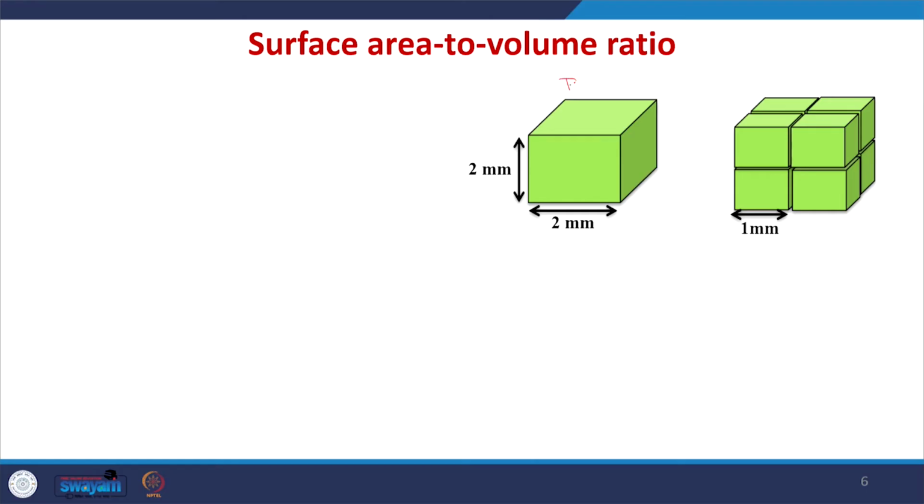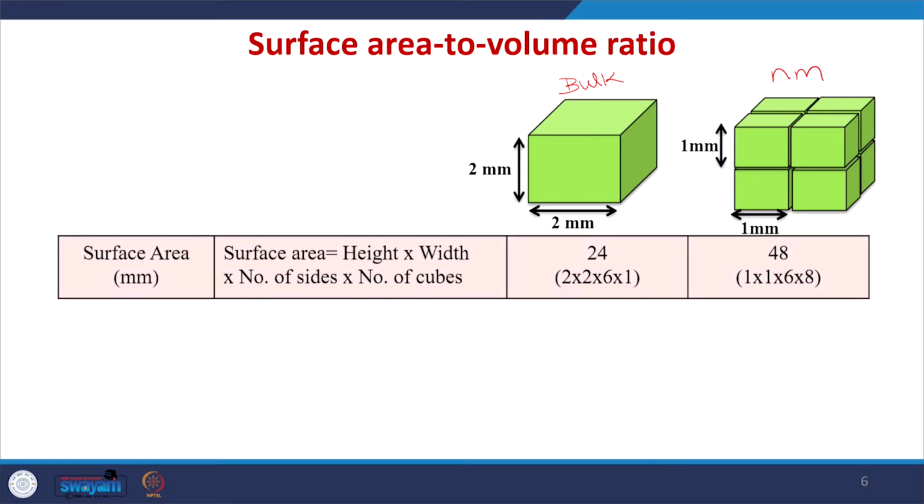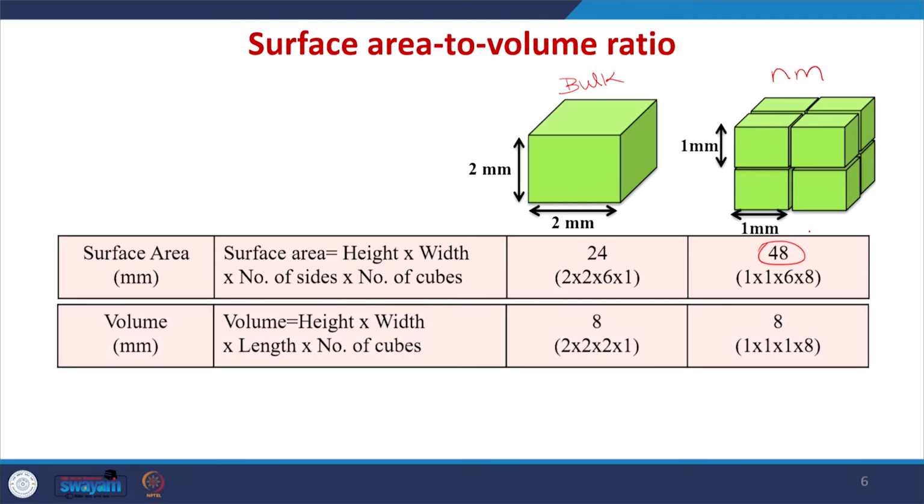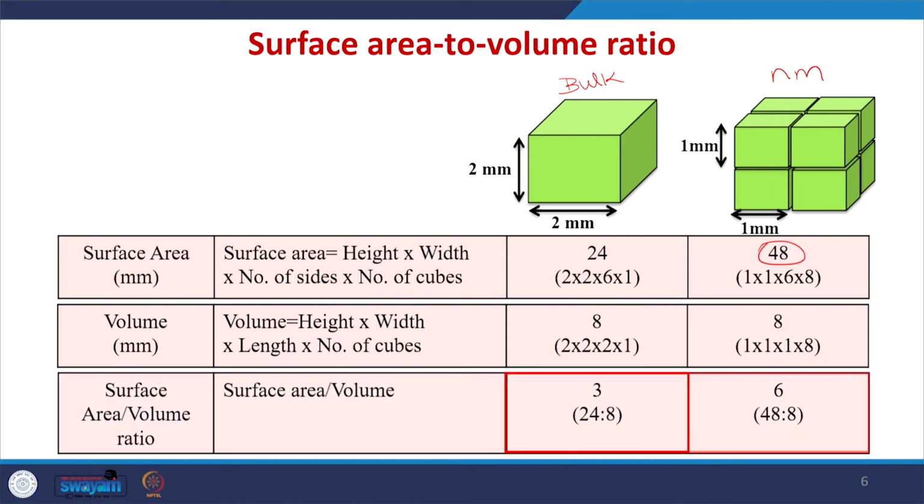So, this is like your bulk material and this is like your nanomaterial. Apply the surface area formula, and you can see that the surface area is more for your nanomaterial, but the volume will be the same. When you calculate the surface area to volume ratio, it will be higher for the nanomaterial. So, that is why whenever the particle size goes down, the surface area to volume ratio will be higher.